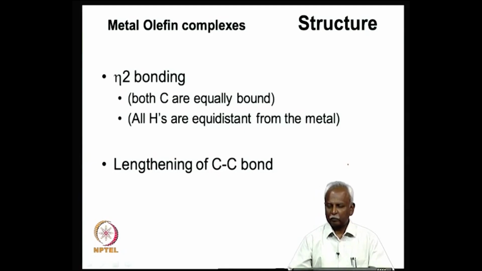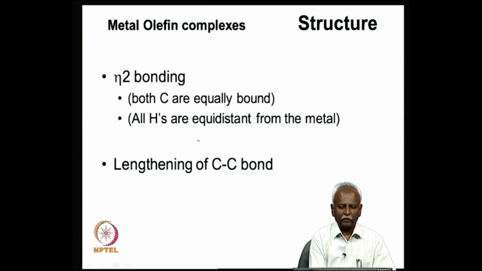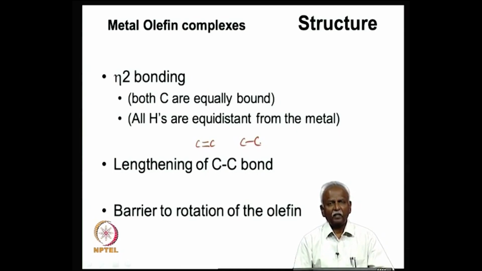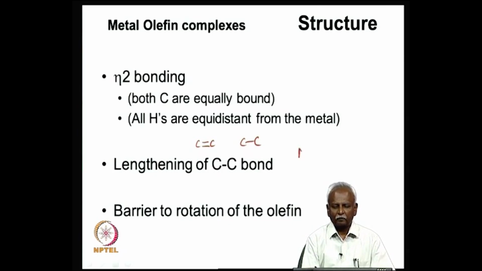So, you have a carbon-carbon bond which can lie anywhere between a C-C double bond and a C-C single bond. And if there is such a back bonding interaction, we will see in a minute that there is a barrier to rotation of the olefin with respect to the metal-olefin axis.